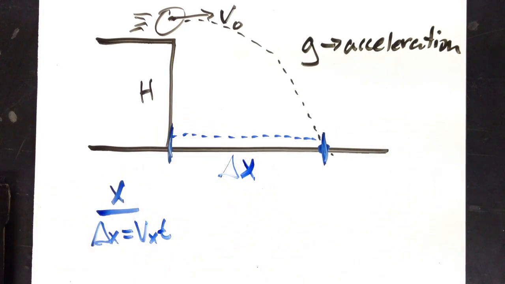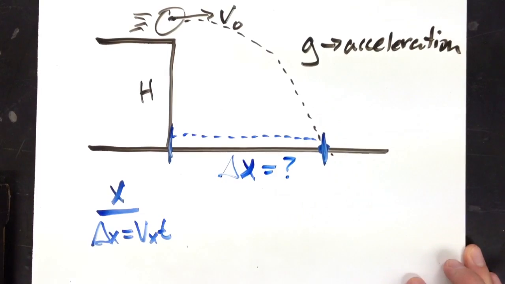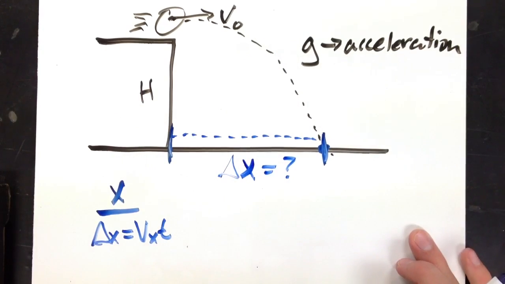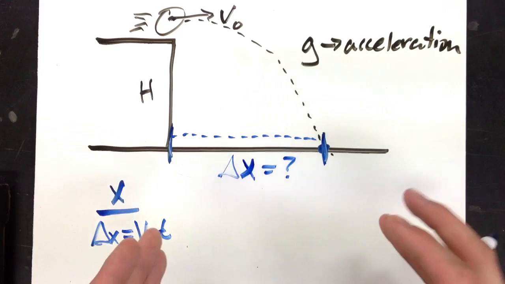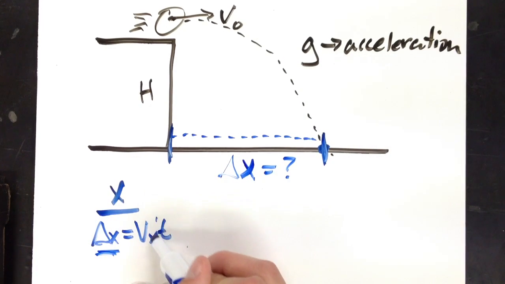So, let's say we're given a problem like this, and we're asked to solve for what is that delta x, but we can only do so in terms of variables that we have given to us. Well, problem there, we don't have time, because in order to solve for this delta x, we would need time.